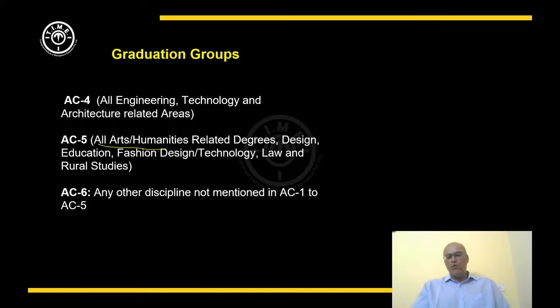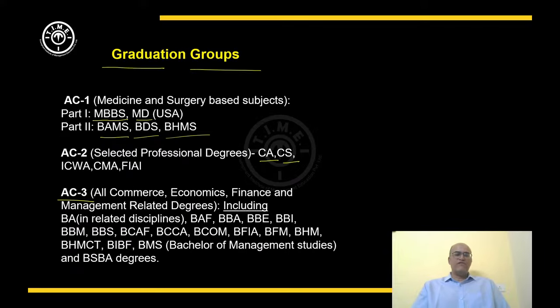Now, remember, when IIM Ahmedabad is shortlisting people, you are essentially going to compete with everybody in your graduation group. And from each of these groups, the shortlisting will happen based on what I mentioned earlier, 65% weightage for your CAT performance, 35% weightage for your application rating, and they are going to take the cream of every group.